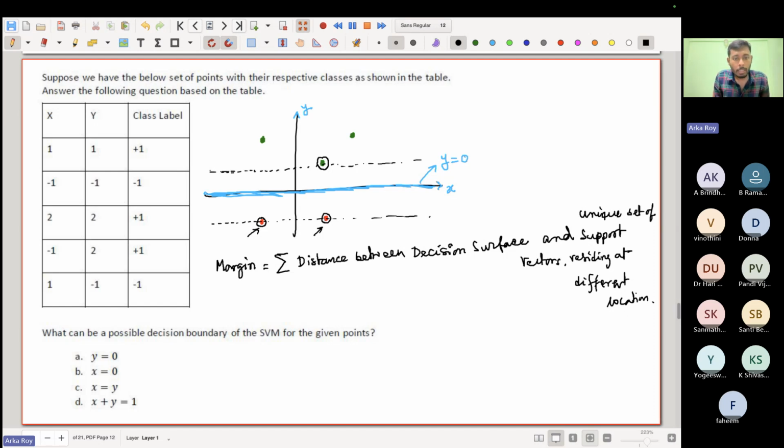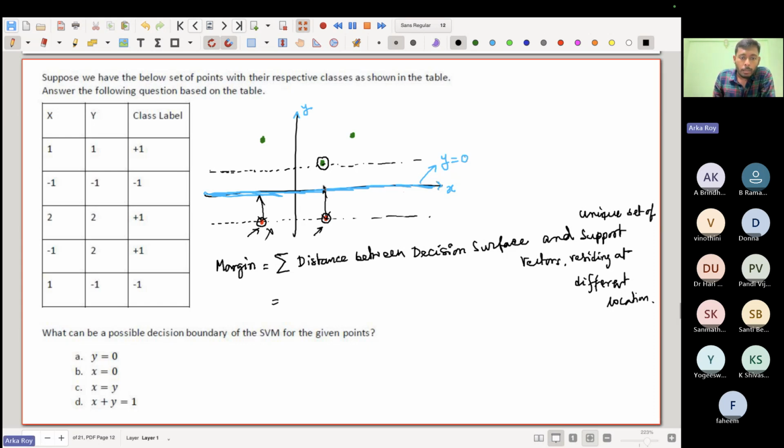So you can see that their y-axis location is the same, and our decision surface is y equals to 0. So it is the y distance that matters in this particular case. So the distance from this point to this point and the distance from this point to this point is the same. It is the vertical distance. So you can omit this particular thing because their effect is the same.